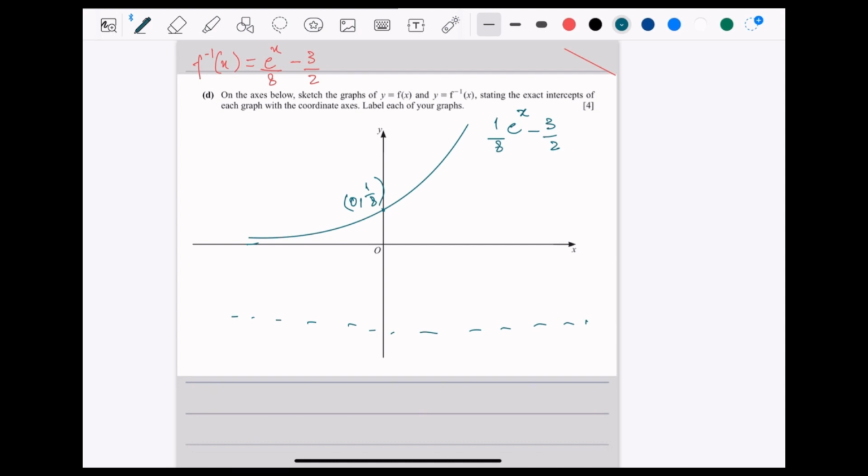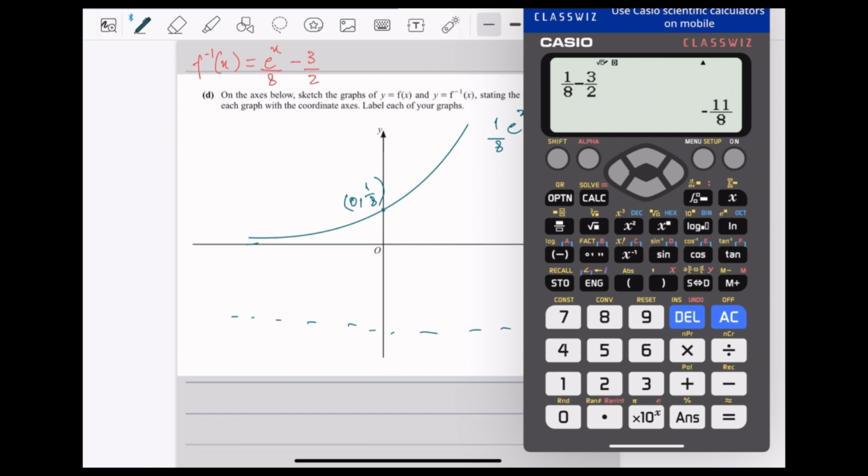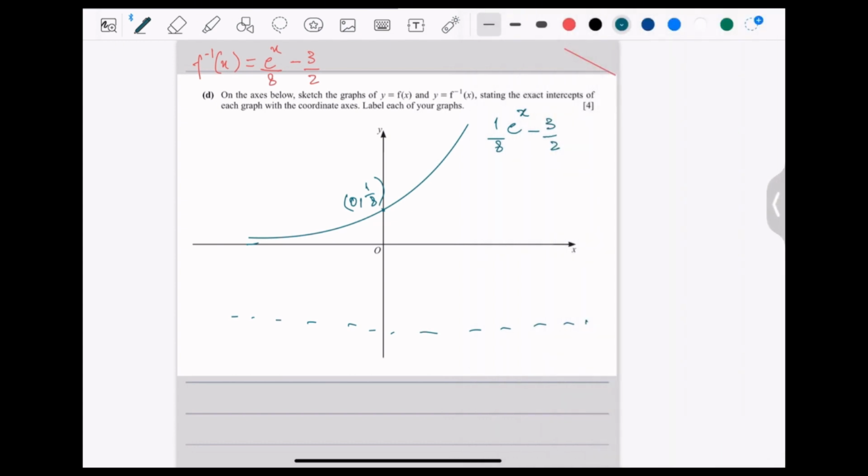So 1/8 will go down and it will become negative 11/8. So the same curve will move down, just a little bit steeper, and this point here is going to be 0, negative 11/8.